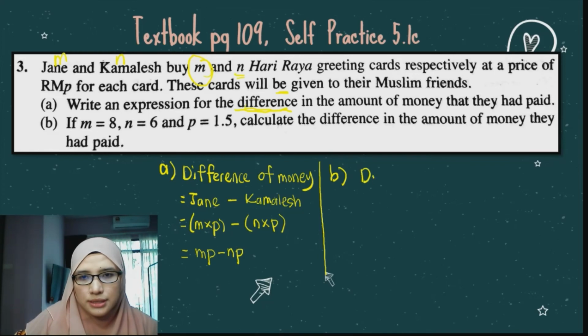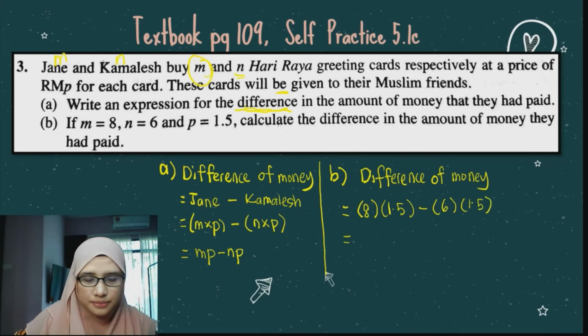So your answer, difference of money is equal to MP, that is M is 8, P is 1.5, minus N is 6, P is 1.5.